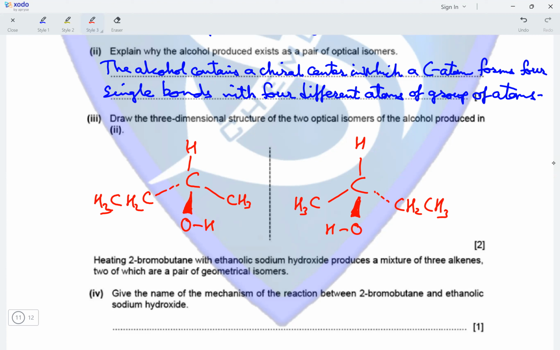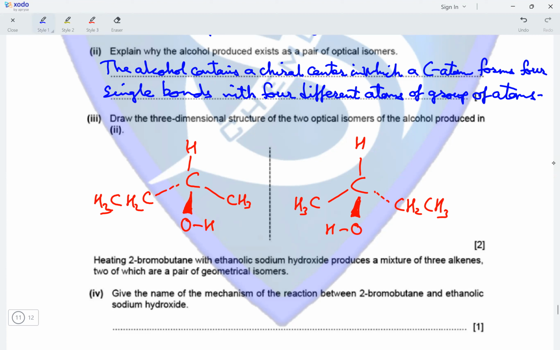Heating 2-bromobutane with ethanolic sodium hydroxide produces a mixture of three alkenes, two of which are a pair of geometrical isomers. Give the name of the mechanism of the reaction between 2-bromobutane and ethanolic sodium hydroxide.